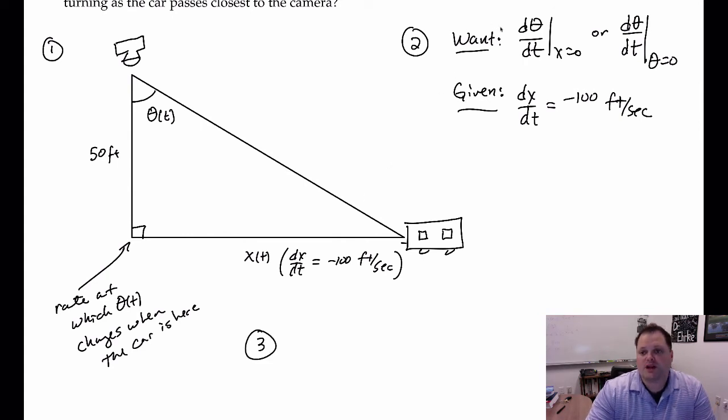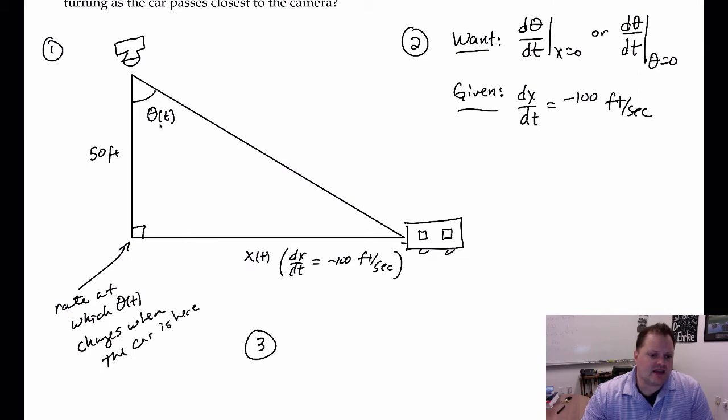This problem comes down to, can I relate theta and x on this triangle? So here's where knowing trig helps. Here's where knowing geometry helps. You're going to run into several things from past classes that you need to have retained and bring forward in this class to have success on a lot of these problems. So I want to relate theta and x.